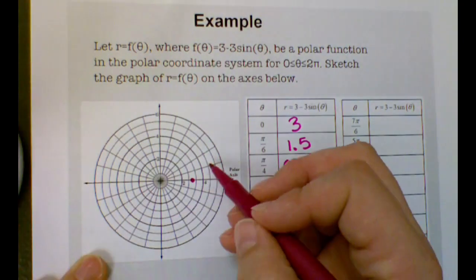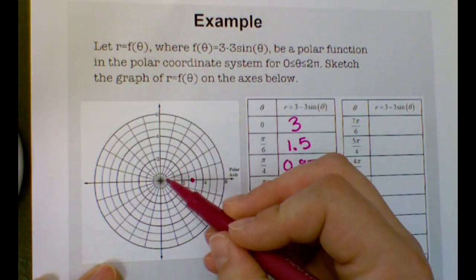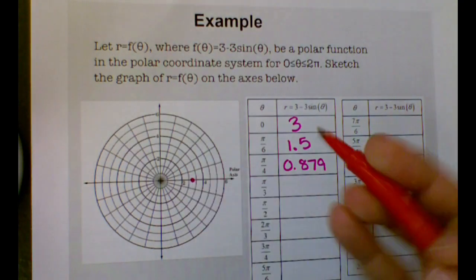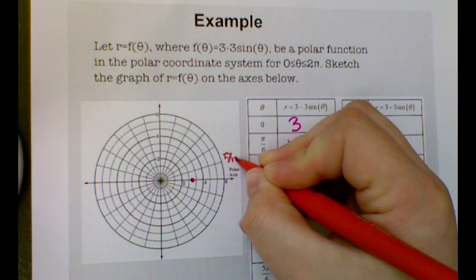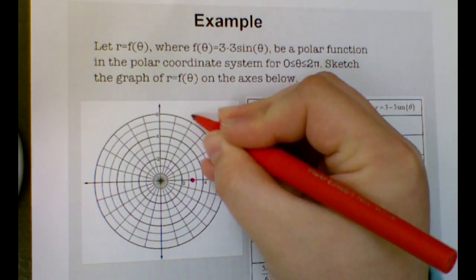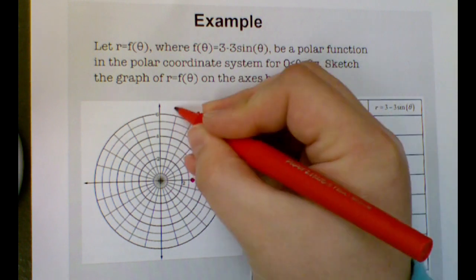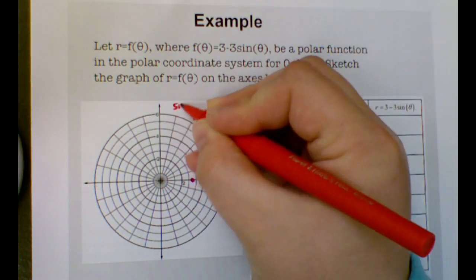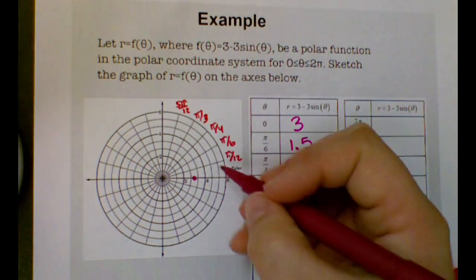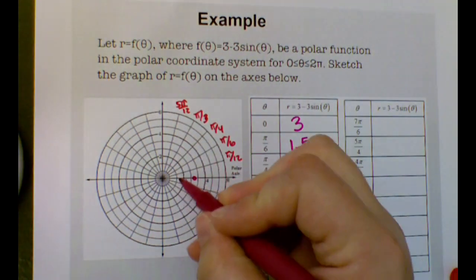So pi over 6, let's see. With the way this graph is drawn, this first line here for an angle is pi over 12. Then pi over 6, pi over 4, pi over 3, and then 5 pi over 12. So let's be careful there. All right, so I have pi over 6, 1.5.